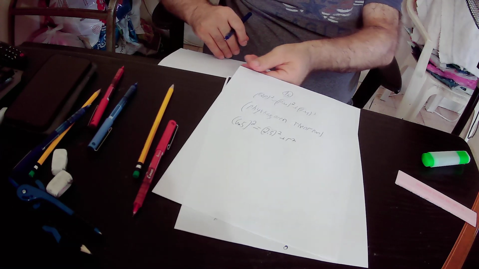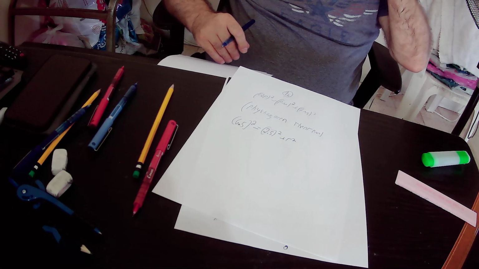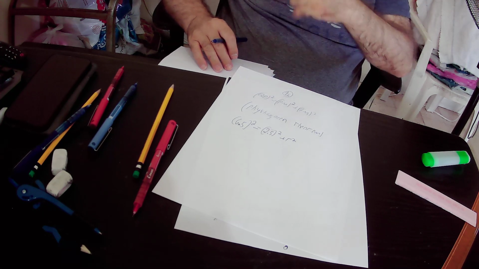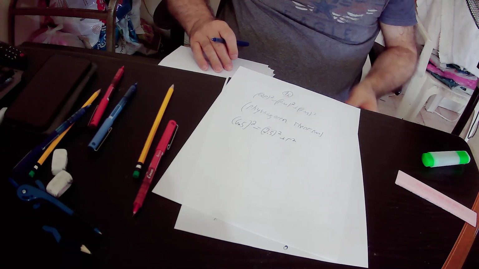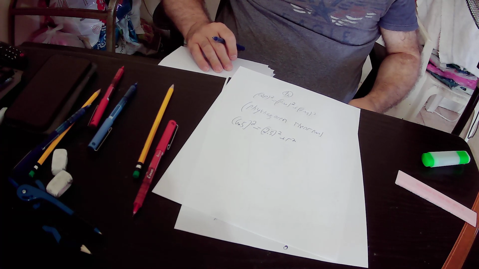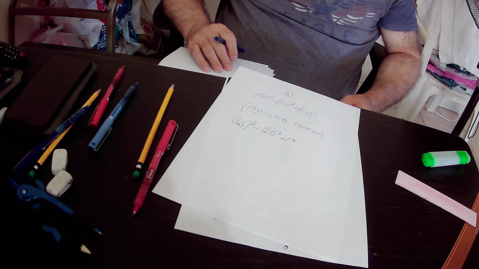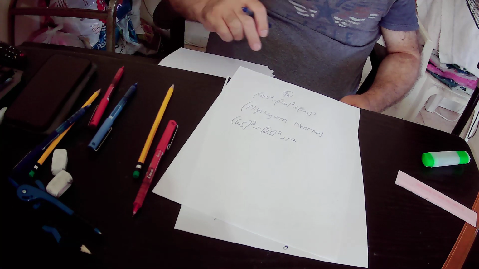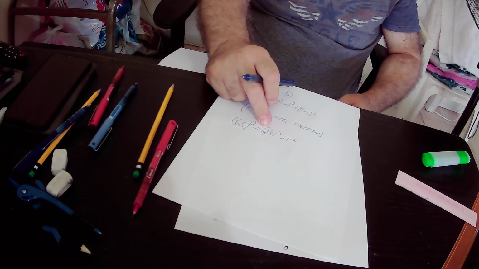Okay, so we got this equality that 6.5 square equals 2.5 square plus small r square. Here 6.5 square is 42.25 units and 2.5 square is 6.25 units.